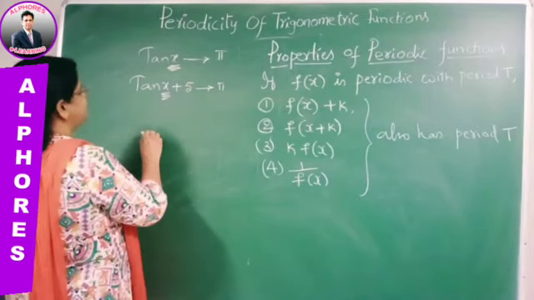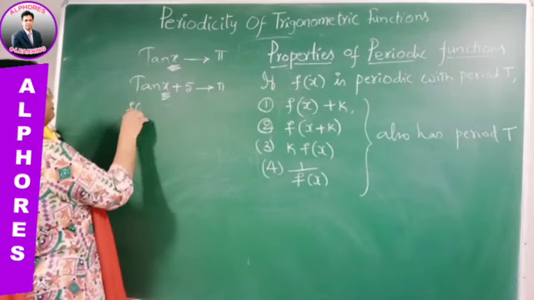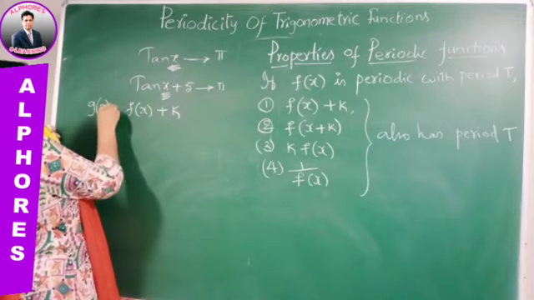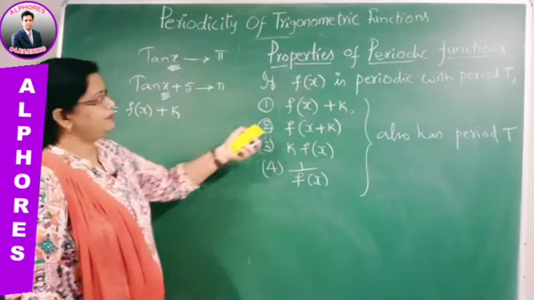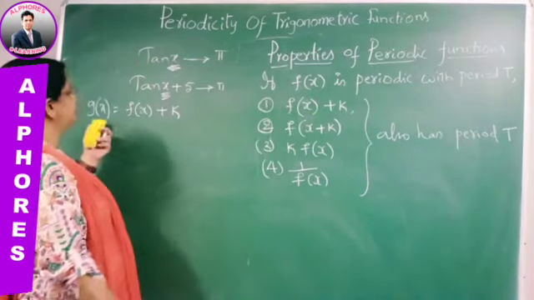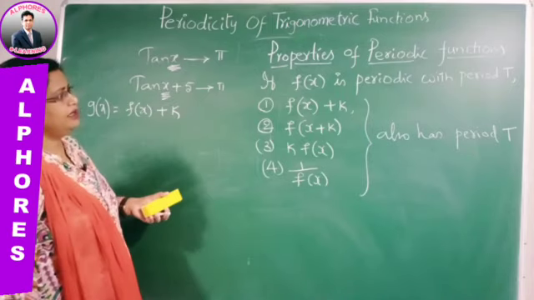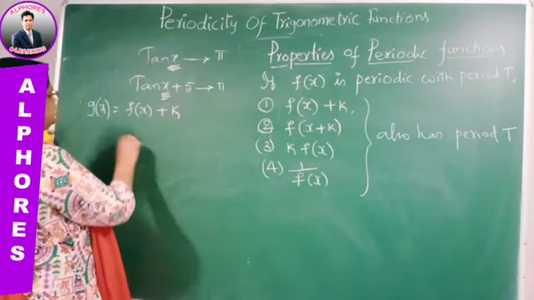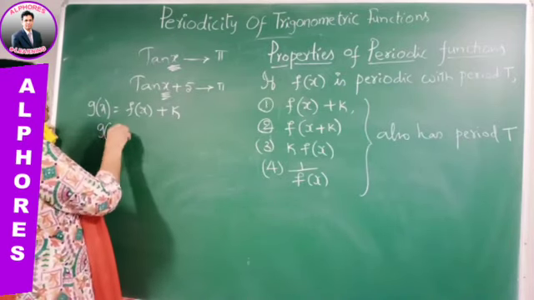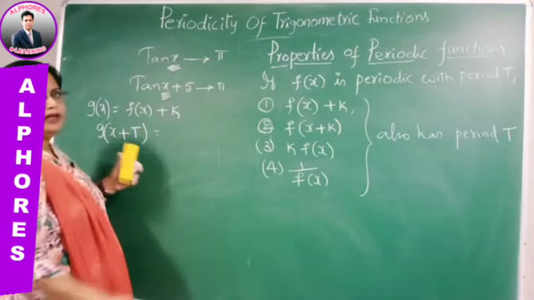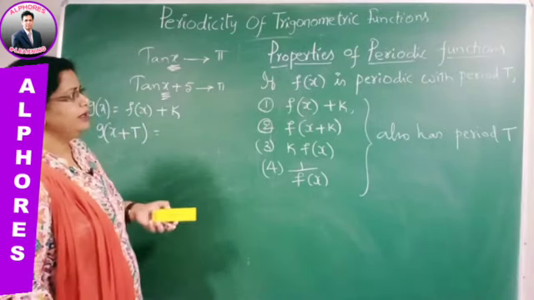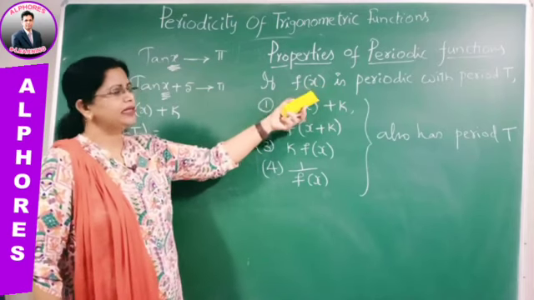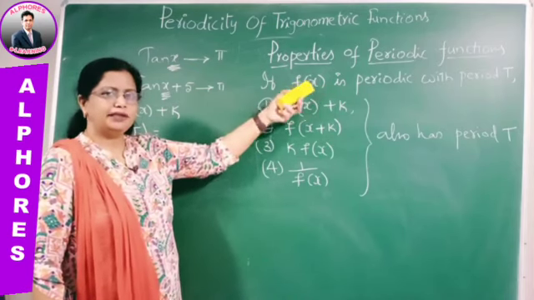Now if you still have doubt, let me take f of x plus k, and this is some g of x. Okay students, let us take this f of x plus k as some new function, that is g of x, and our doubt is whether it has the same period t or not. Let us check. Now I am taking g of x plus t. The testing of periodicity of a given function f of x or g of x or h of x is just to replace x by x plus t.